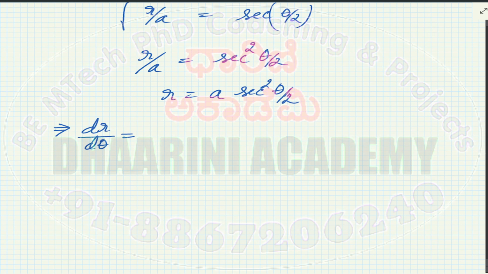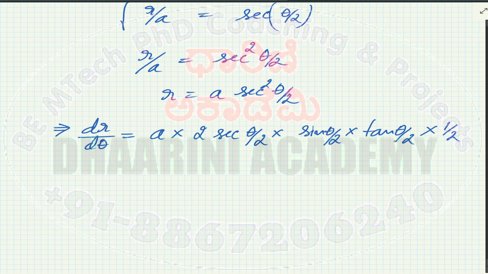So dr by d theta is equal to a, a constant, into 2 into secant theta by 2 into the differentiation of secant theta, which is secant theta by 2 into tan theta by 2, into the differentiation of theta by 2, which is half. See, we are applying the chain rule.